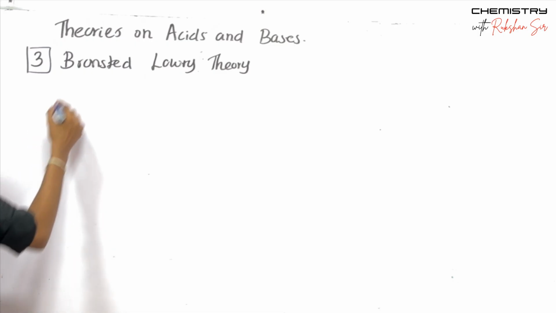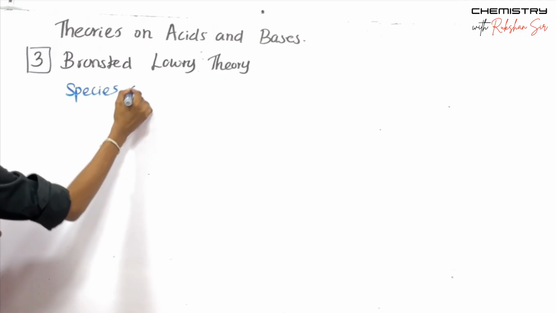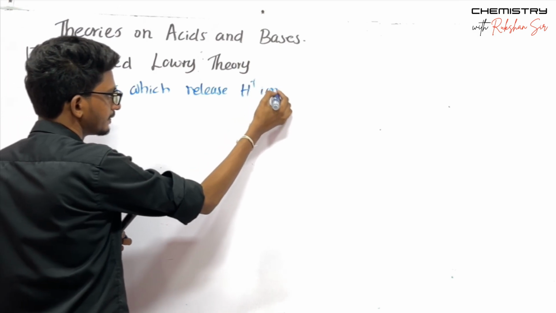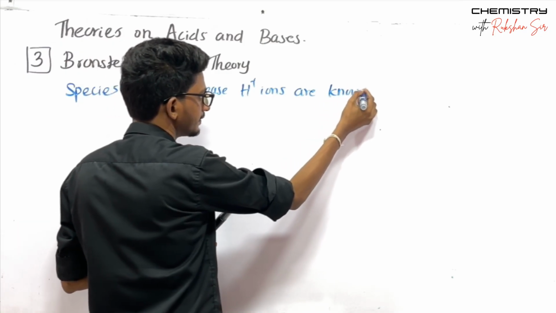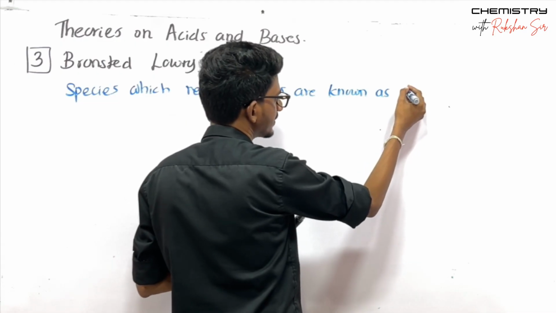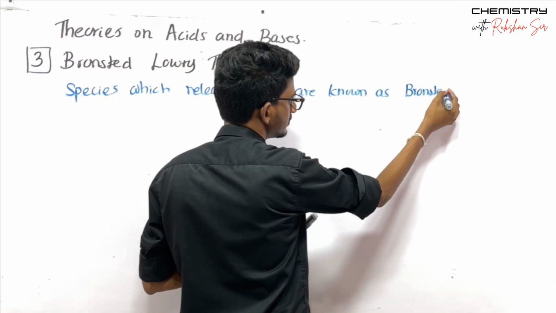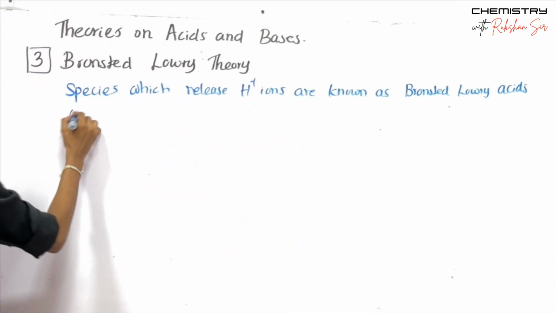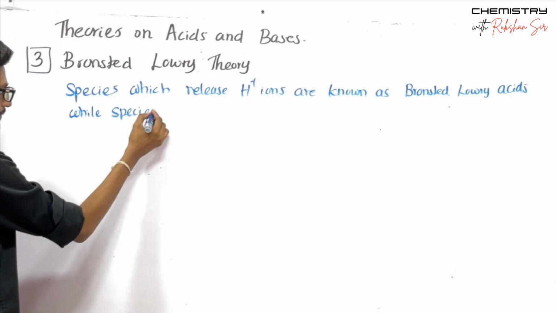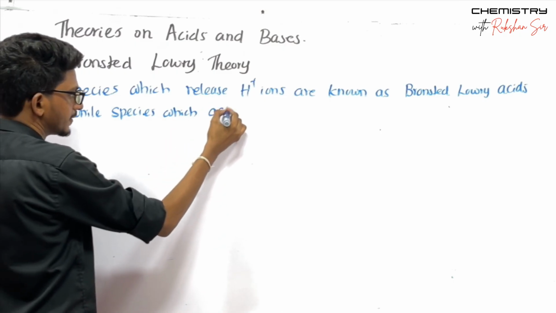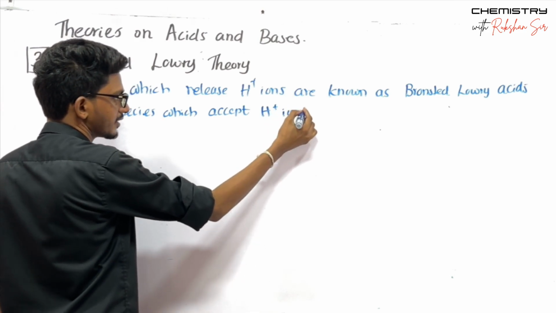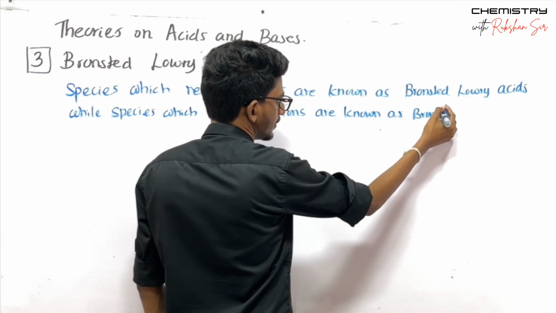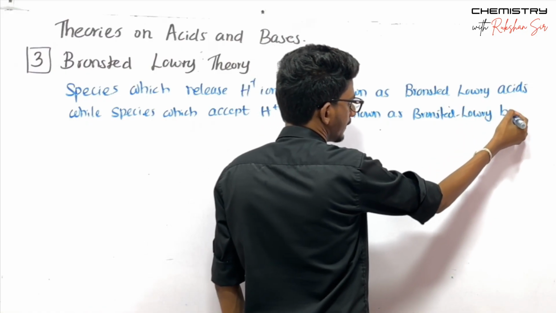Species which release H plus ions are known as Brønsted-Lowry acids, while species which accept H plus ions in a reaction are known as Brønsted-Lowry bases.